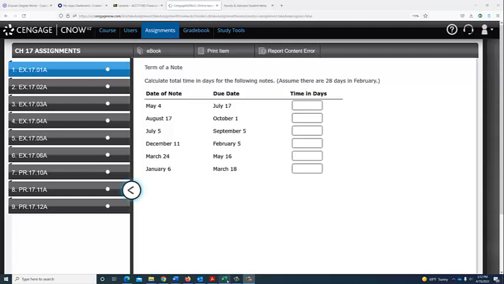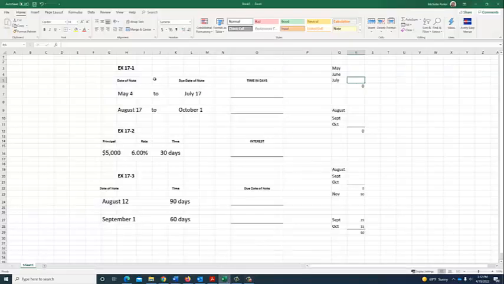So I've copied a couple of them over to an Excel spreadsheet so that you'll be able to see how I did the calculation. So in the first note, it started May 4th and the due date of the note is July 17th. So we're going to start with the month of May.